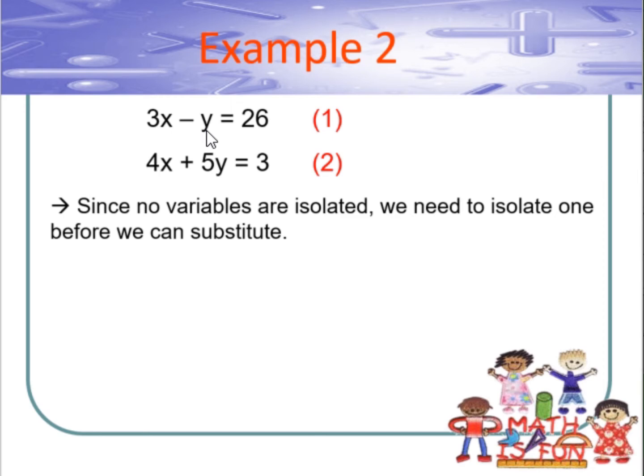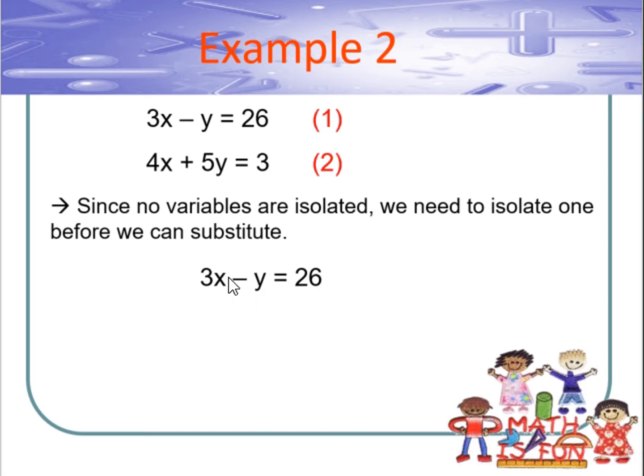Mapapansin natin na mas madaling i-isolate ang value ng y sa equation 1 kaysa sa equation 2. So, gagamitin natin ang equation 1, 3x minus y is equal to 26, para makuha natin yung value ng y.